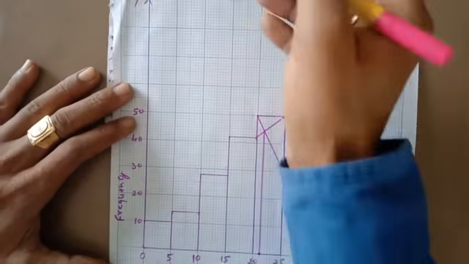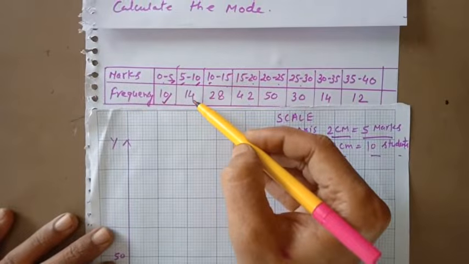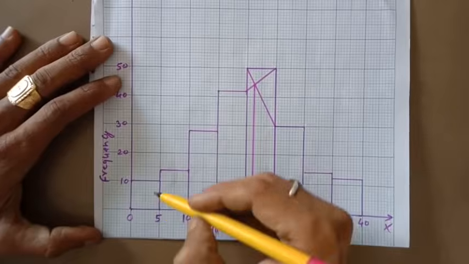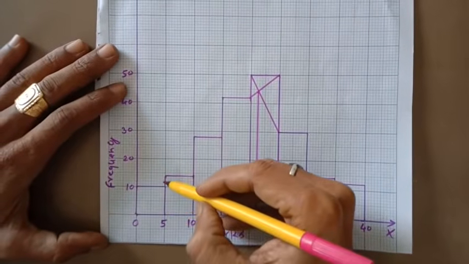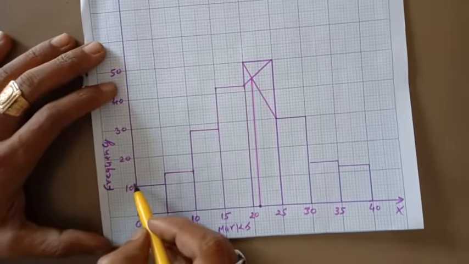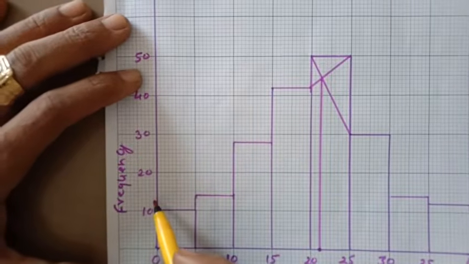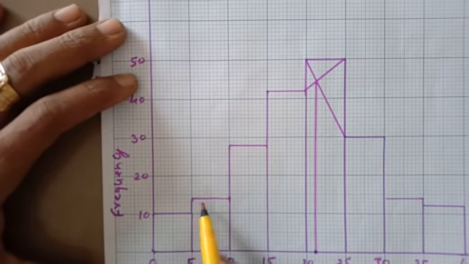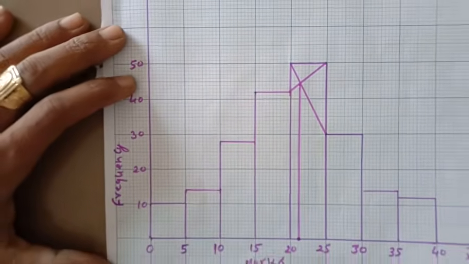Similarly for 5 to 10 we can see it is 14. So here for 5 to 10 we make a column up to the mark 14. We can see 10, 11, 12, 13 and 14. This is one mark, so we make it up to 14.